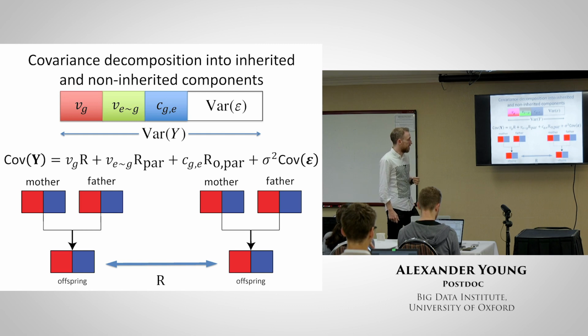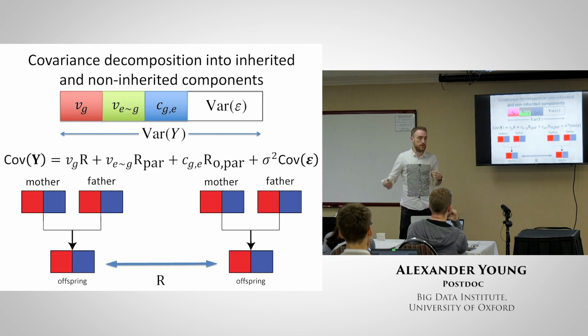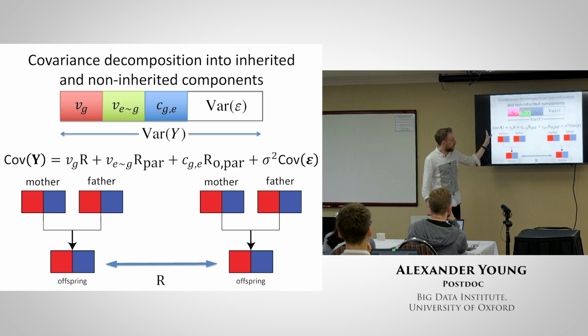So I'm not going to go into all the details, but you have a phenotypic covariance matrix here, and then this R is a matrix of the relatedness coefficients between individuals derived from identity by descent sharing. And this decomposition of a covariance matrix is related to the variance decomposition I derived before from considering the splitting of the environmental component into a parental component correlated with parental genotype and uncorrelated.